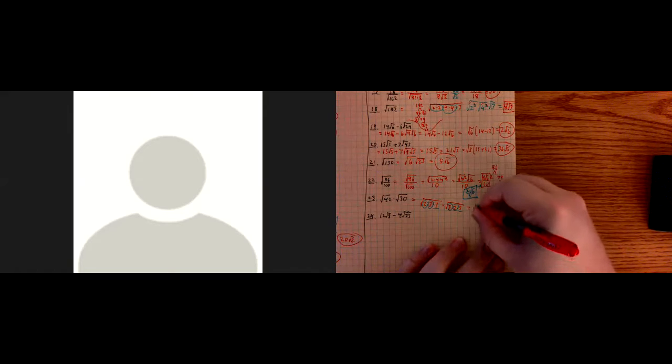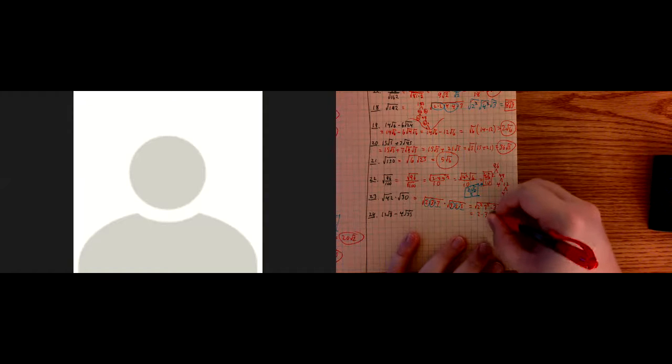Now I can say I have 2 3s and 2 2s with a 7 and a 5 left over. I can write this as square root of 2 squared, 3 squared, and of course 35. That's 7 times 5. The square and square are going to cancel, leaving 2 times 3. That gives me 6 square root of 35.